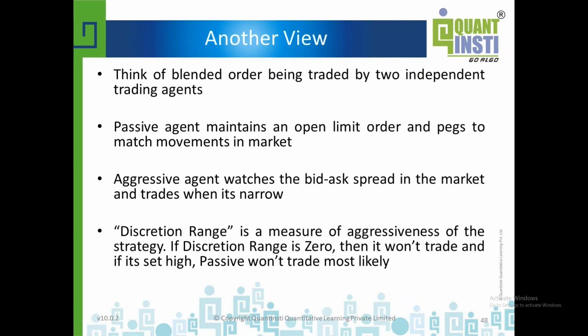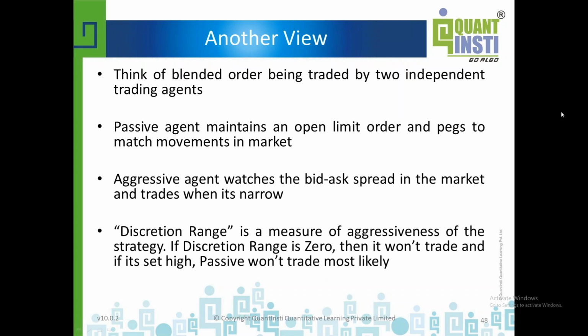As I said, you can think of them as two independent trading people. One is a passive trader who maintains the limit order, and it pegs to match the market movement. The second one is aggressive. As soon as it watches the bid ask narrow, because you have a discretion range, it will fire a market order to get a trade, right?